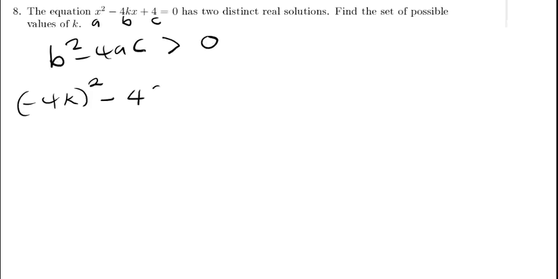My a is 1, the coefficient of x there. My c is 4, greater than 0. Negative 4k squared is basically 16k squared. Negative 4 times 4 is negative 16, just like that, greater than 0.